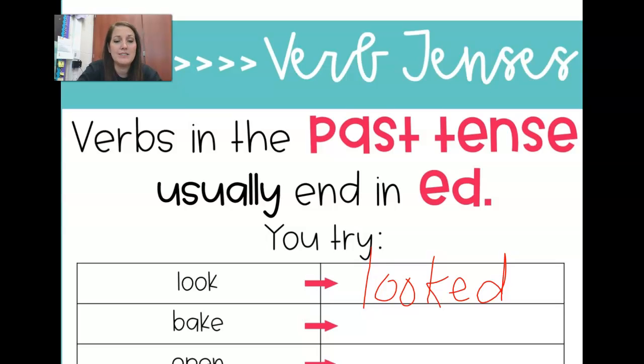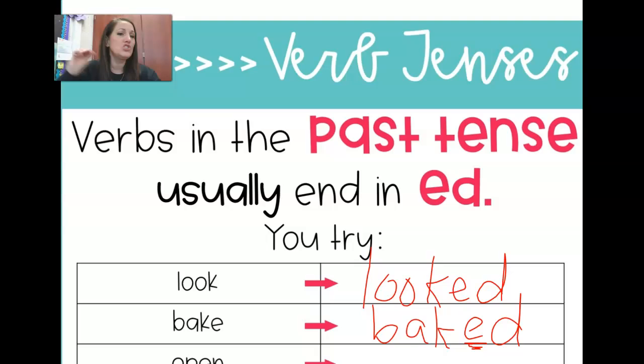That makes it past tense. So what about this one? I baked a cake yesterday. Now notice it already had an e. So in that case, I'm not going to add ed. I baked. You just added d. And then the last one here, if I open the door for you, oh, well, I already did that. I opened the door for you. You just add ed.